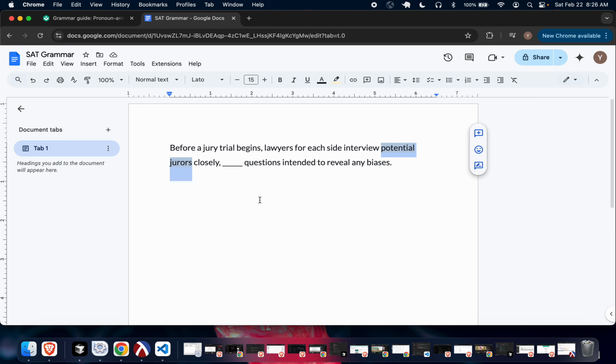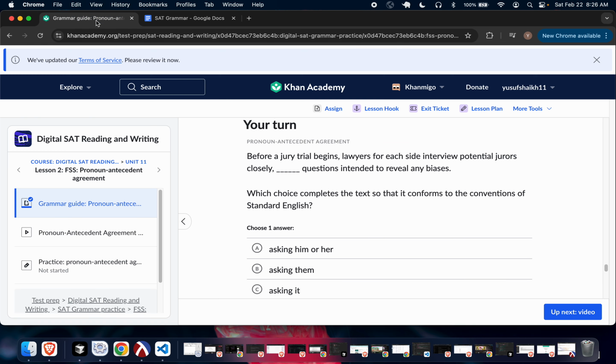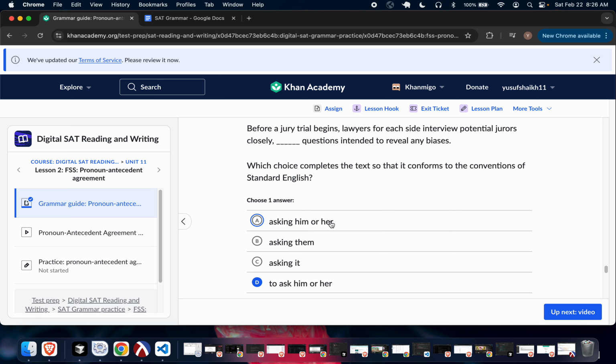Typically, like I said before, you won't really be asked to deal with gender when finding the pronouns, so we can probably eliminate asking him or her, even though they don't make sense on their own. We can already eliminate them just because they're dealing with gender, and we're probably not going to have to deal with that on the SAT.